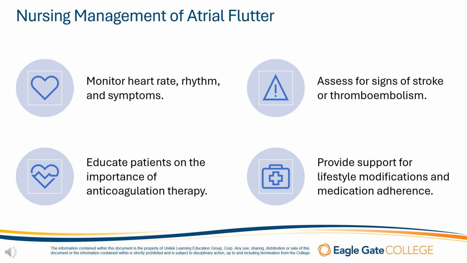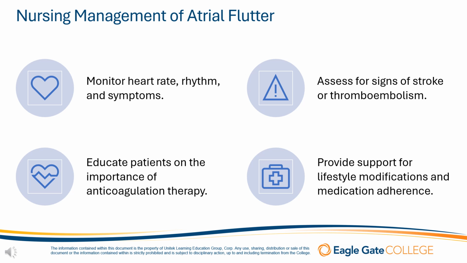Regularly assess for symptoms such as palpitations, dizziness, shortness of breath, chest pain, and fatigue. These symptoms may indicate inadequate control of atrial flutter or the development of complications. Continuous monitoring allows for timely interventions and adjustments in treatment, ensuring the patient's heart remains as stable as possible.